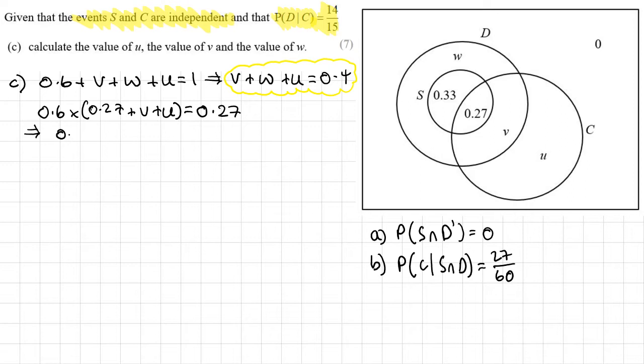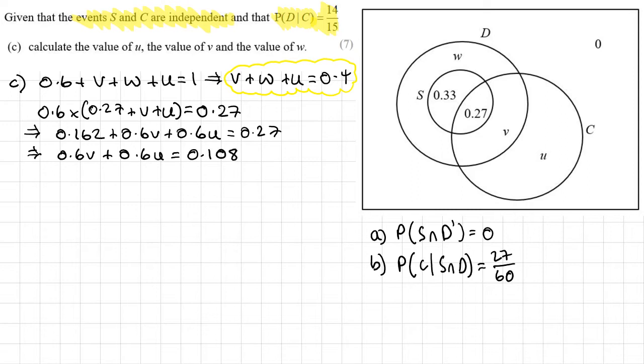So 0.162 plus 0.6V plus 0.6U is equal to 0.27. I basically want to write it in a similar format to what we've got here. So that will be 0.6V plus 0.6U, and that's going to be 0.27 minus 0.162, and that leaves me with 0.108.